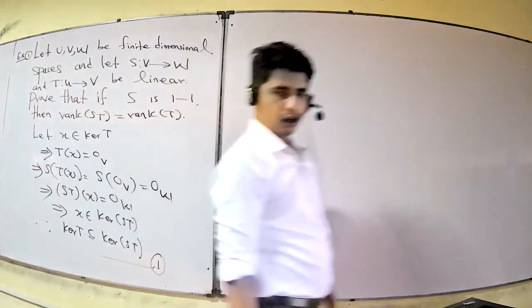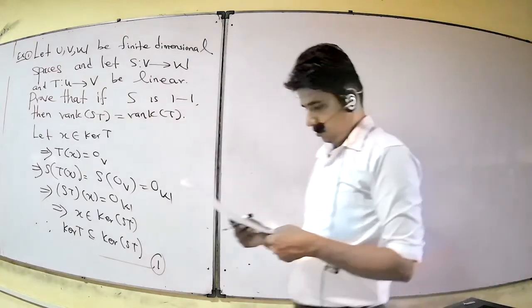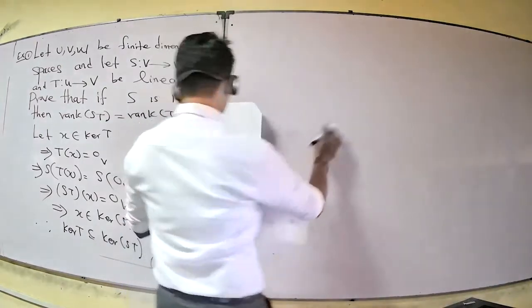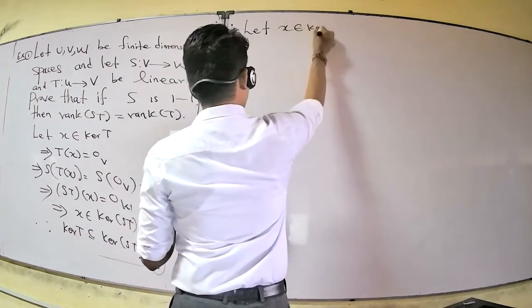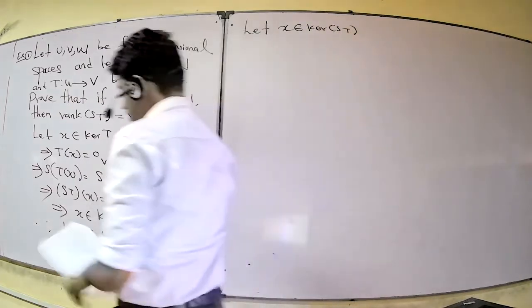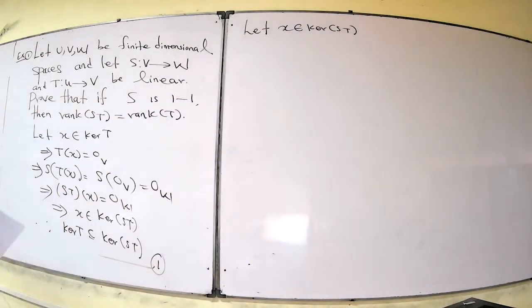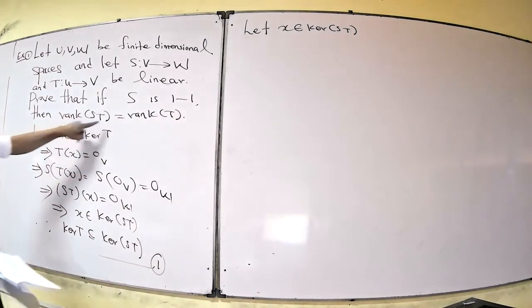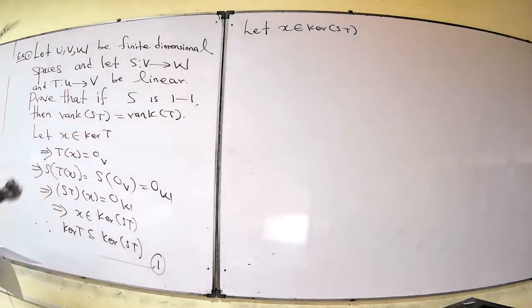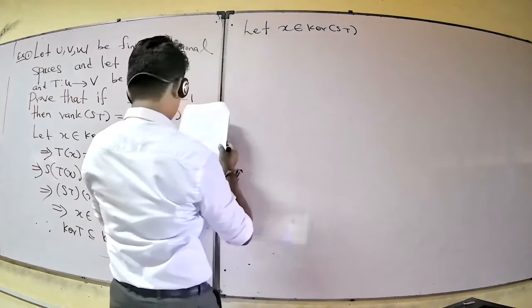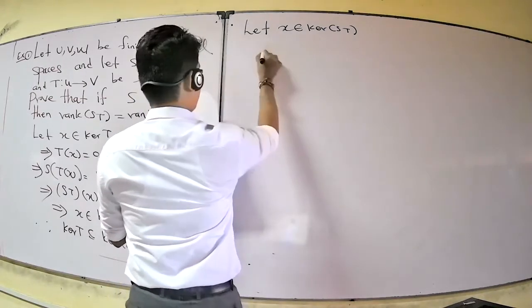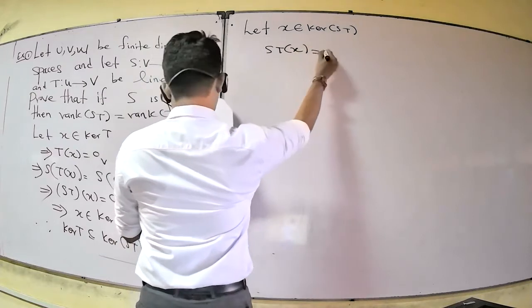Now let x belong to kernel of ST. Our claim is I want to prove kernel T equals kernel of ST. Then using the rank nullity theorem, you can prove rank of ST equals rank of T. So ST of x equals 0_W.